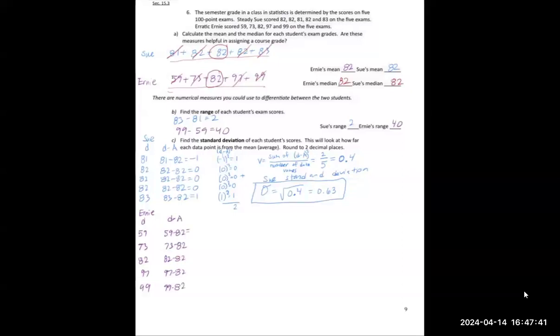All right, and then I calculate those differences. I get negative 23, negative 9, 0, 15, and 17. All right, then they want us to take the D minus A responses that we just got and square them. So we're going to take the negative 23 and square it. Like I said, a negative number squared is going to be a positive number.